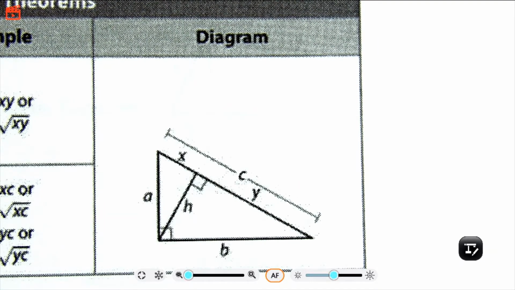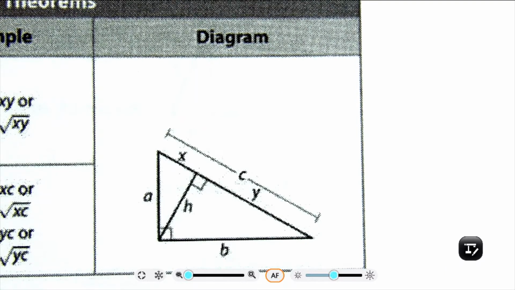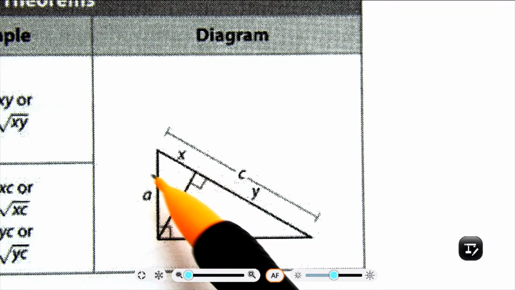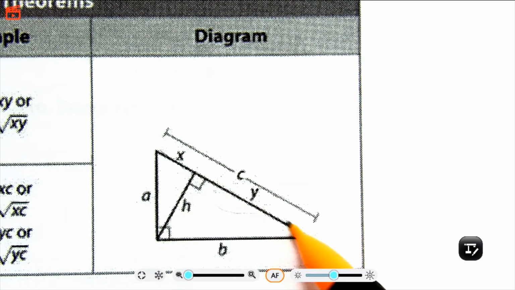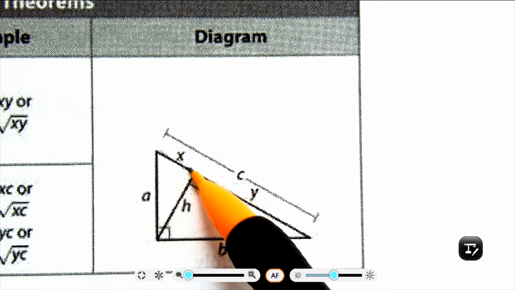In this diagram, there are 3 triangles. There is the large triangle, if you could see this large triangle. There's a medium triangle. And then there is a small triangle.